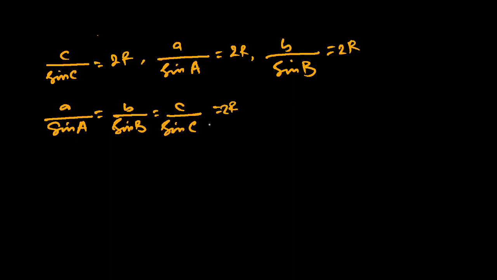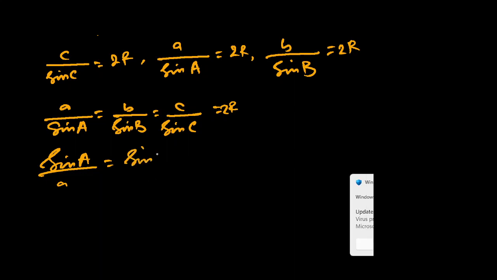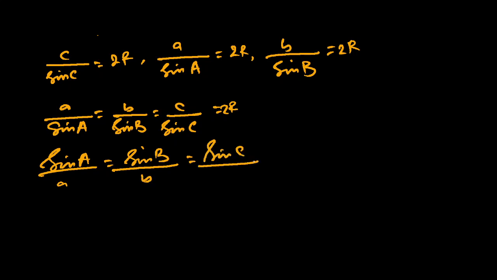So this is the sine rule, and you can as well state it this manner, that is sine of a over a equal sine of b over b equal sine of c over c, everything equal 1 over 2r.